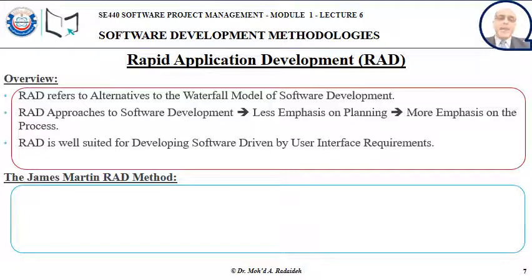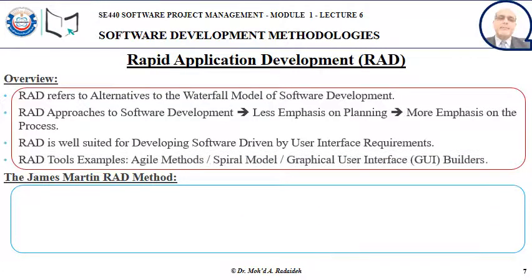And RAD is very good for developing software driven by user interface requirements. So it's a user-based development methodology. Examples of RAD tools: agile methods, spiral model, a graphical user interface, etc. And these will be covered in module 4, by the way.